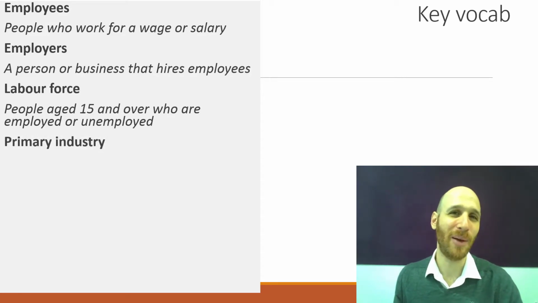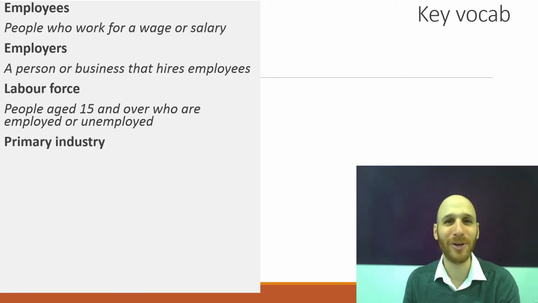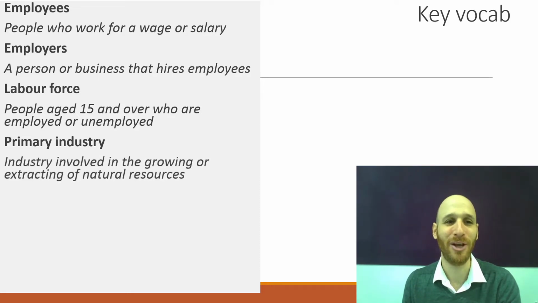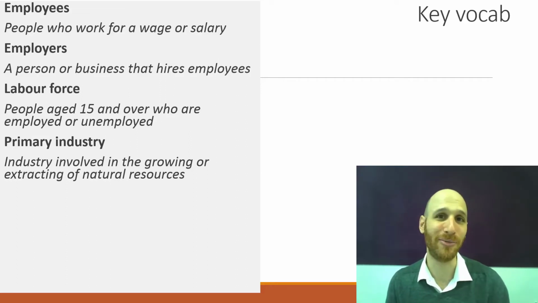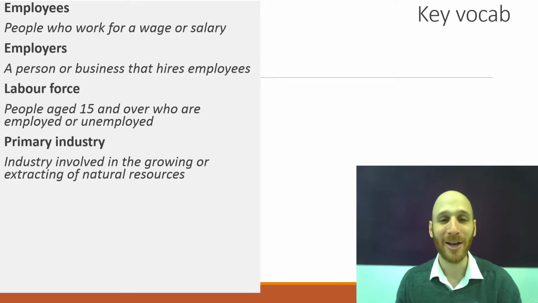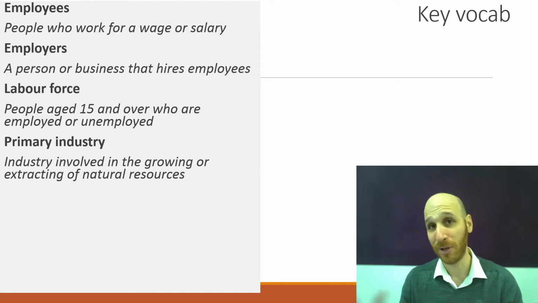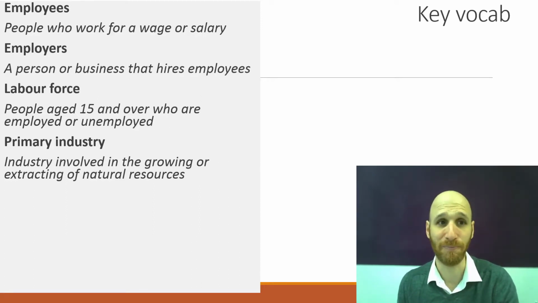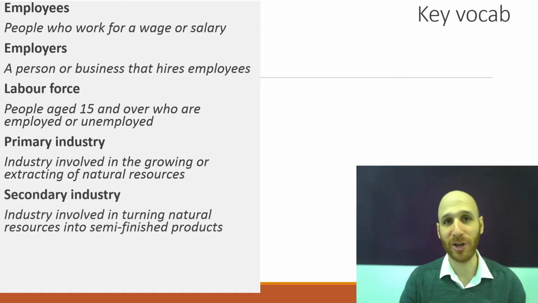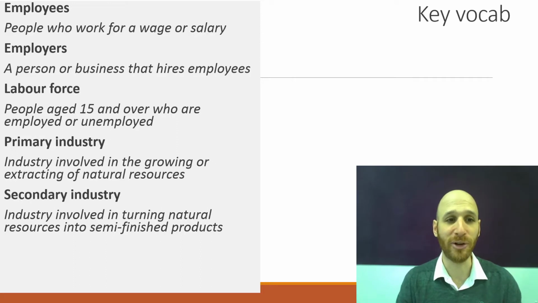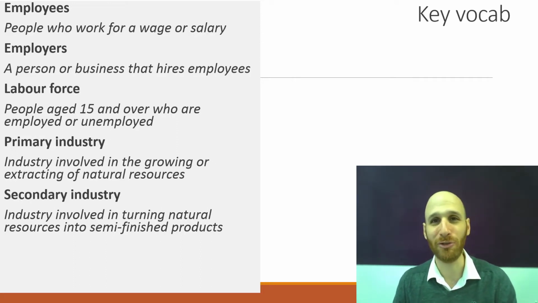Now let's look at different types of industries. A primary industry looks at raw materials or natural resources. So a primary industry will dig things out from the ground, will farm, will do things that involve just getting natural resources out of the ground or just extracting them. A secondary industry turns the natural resources from the primary industries into semi-finished goods.